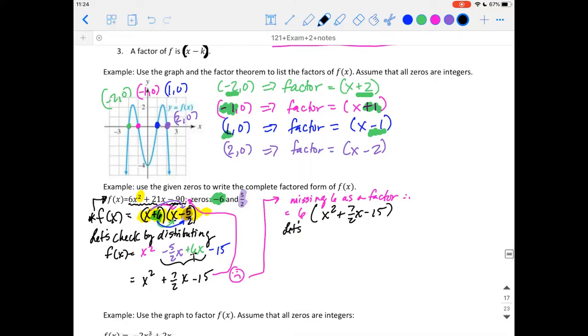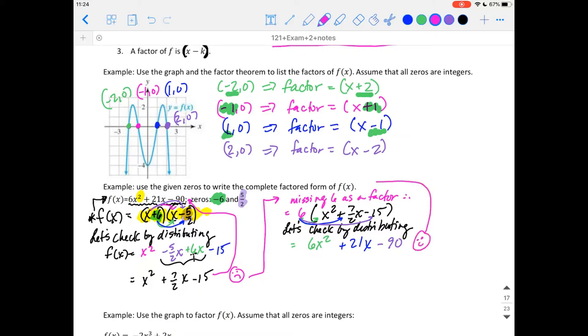And now let's check it again by distributing. 6 times x² gives me 6x². 6 times plus 7/2 x, so 6 divided by 2 is 3, times 7 is 21, or check with your calculator, so 21x. And then 6 times minus 15 gives me minus 90. And so now, all of a sudden, we are happy.